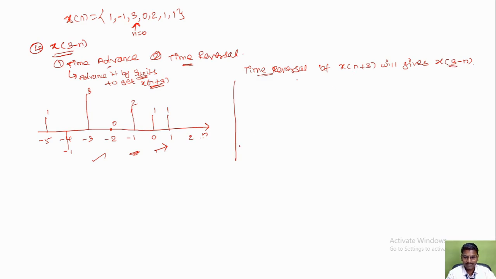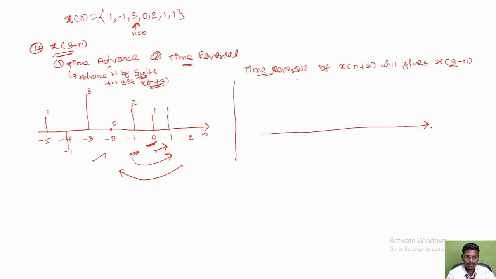So for 3 minus n, I am going to reverse the samples by keeping the 0th sample as the center. The right side samples will move to the left side, and the left side samples will move to the right side, keeping 0 as the center.